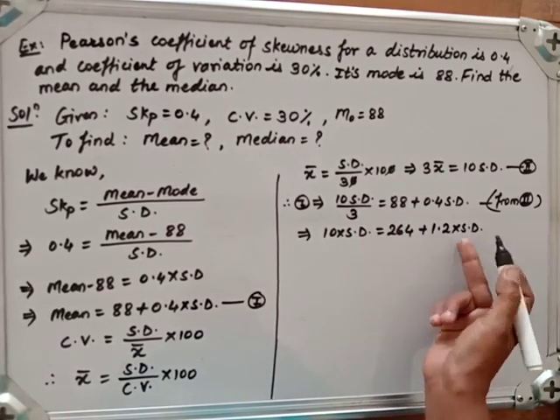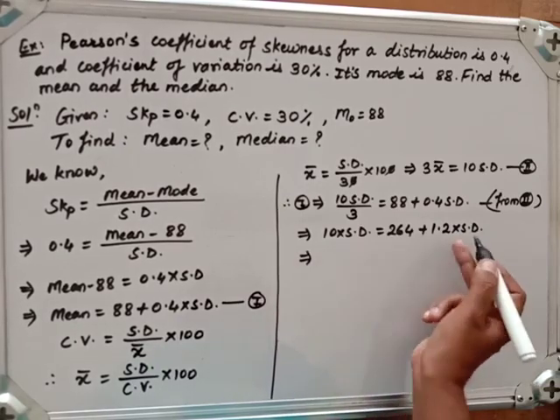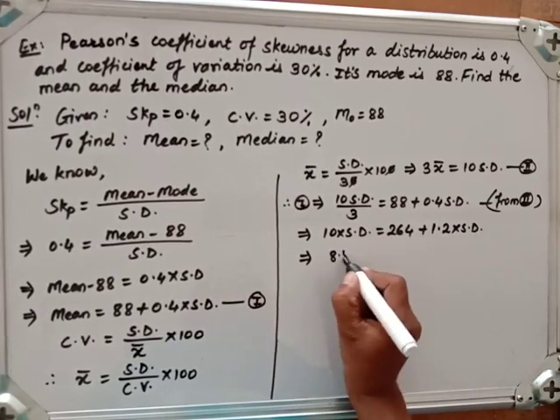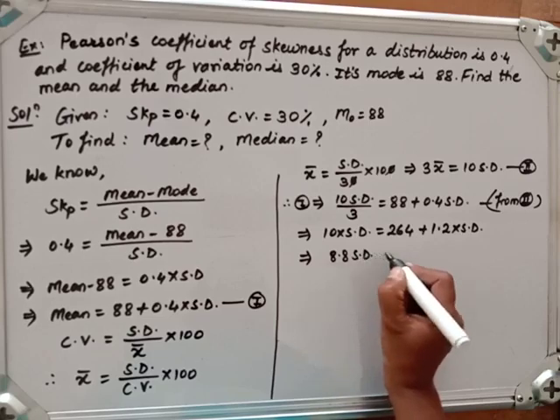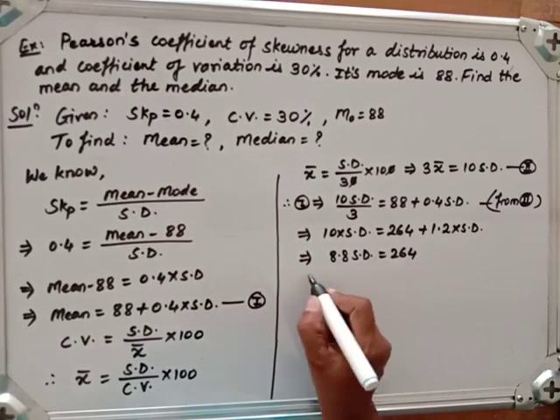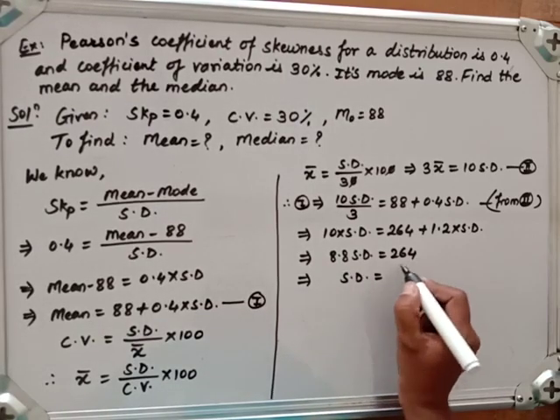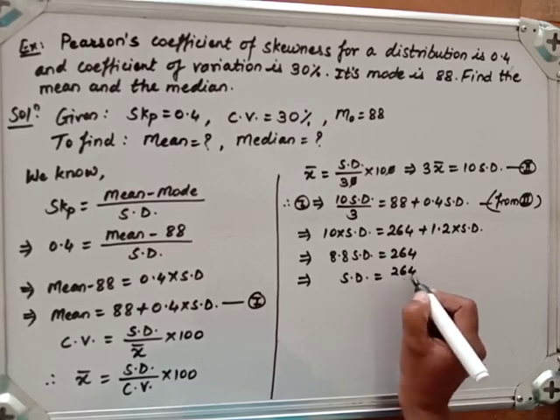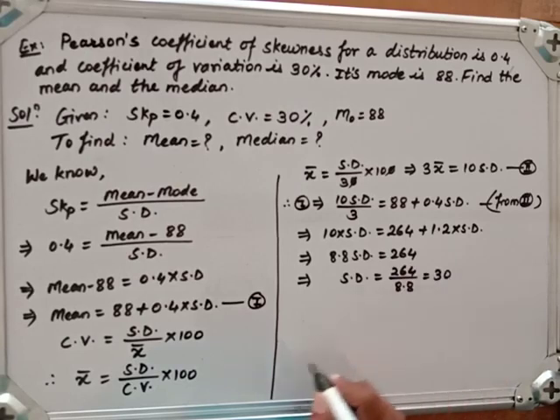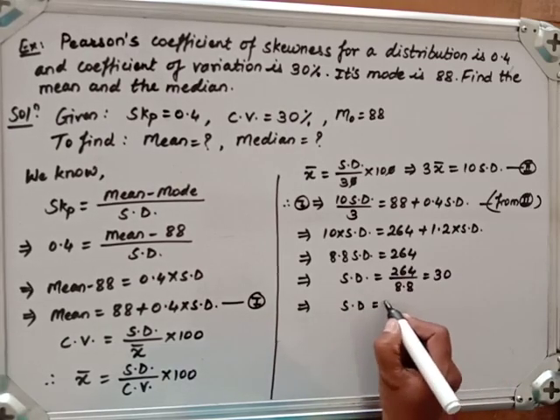Now this can be taken to this side. It will be subtraction, 10 minus 1.2, so that will be 8.8 times standard deviation, that is 264. So standard deviation is 264 upon 8.8, that is 30.